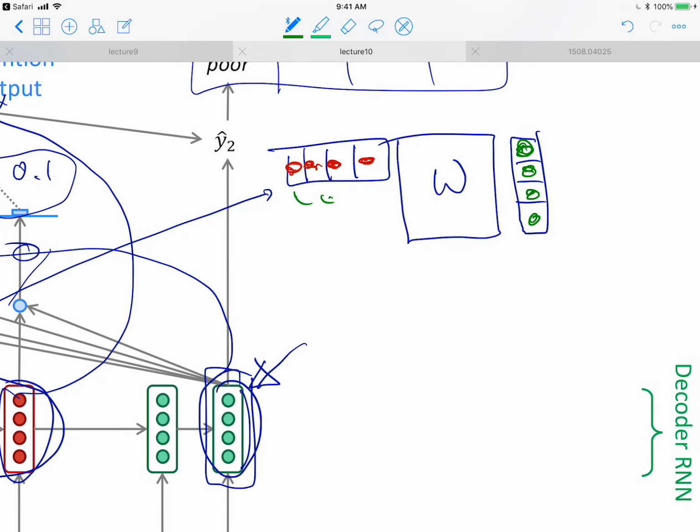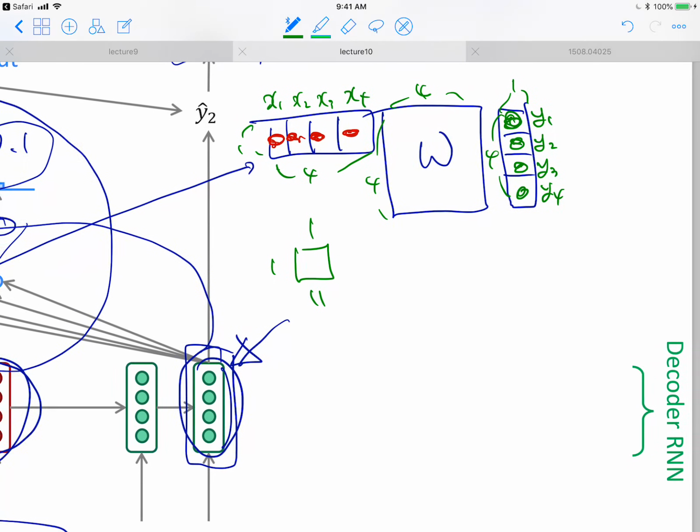Basically it's 1 by 4, then 4 by 4, and then 4 by 1, right? The resulting value will be just 1 by 1, a scalar value. Suppose this one is x1, x2, x3, x4, and this one is y1, y2, y3, and y4. In this case, this value is actually computed in this manner.